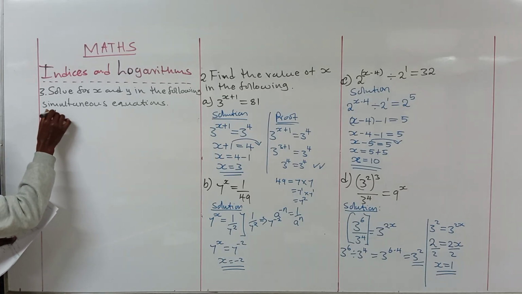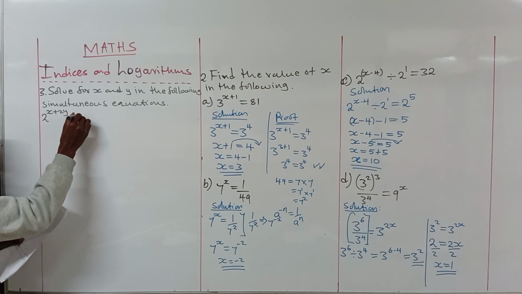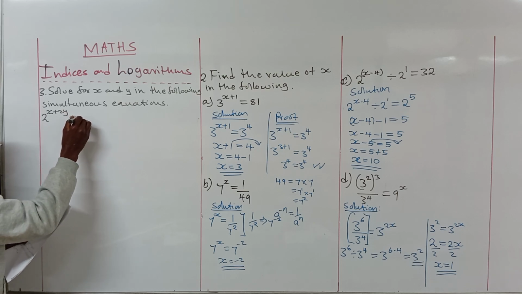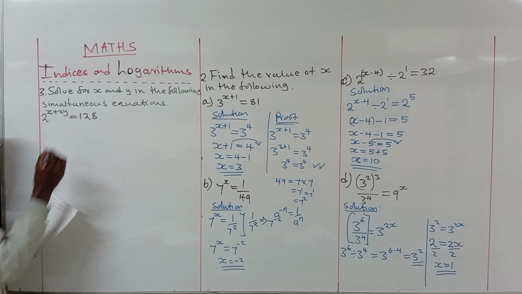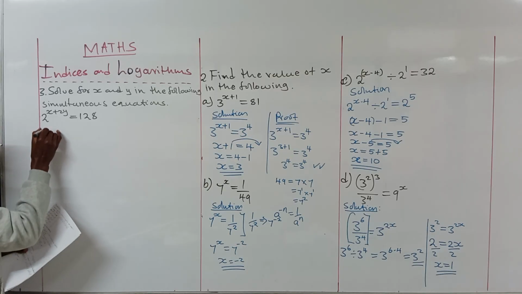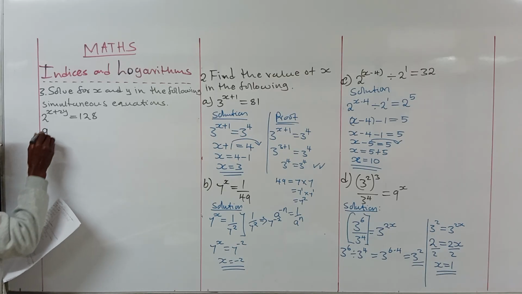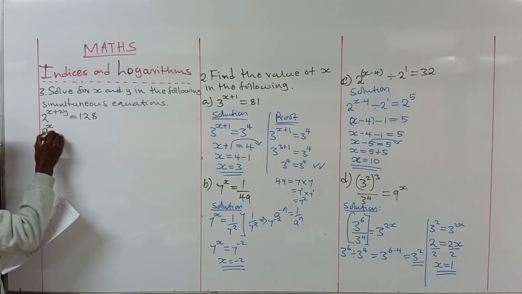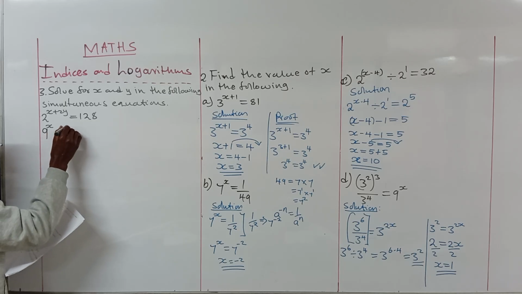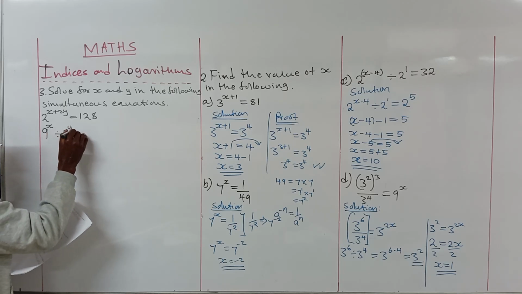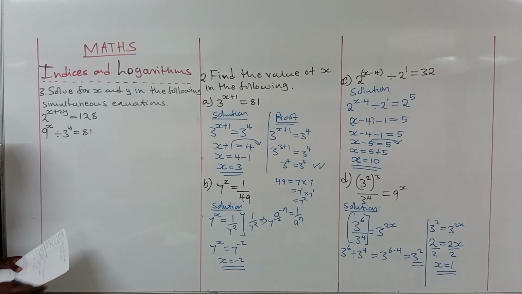So the simultaneous equations are here. 2^(x+2y) is equal to 128. And then 9^x divided by 3^y is equal to 81.